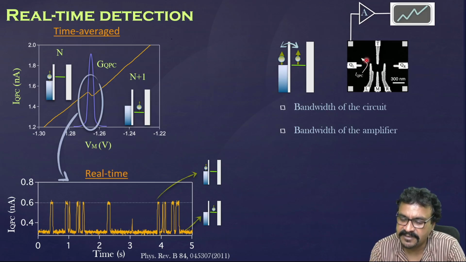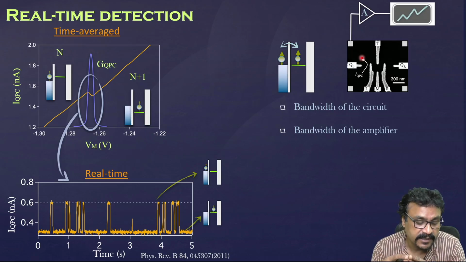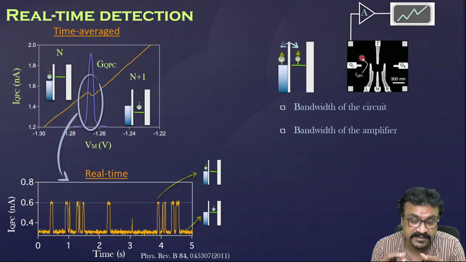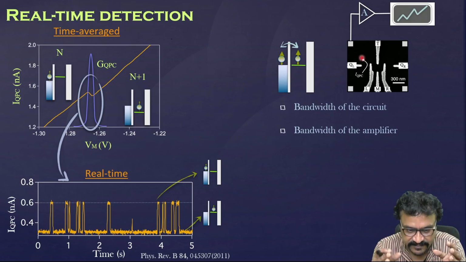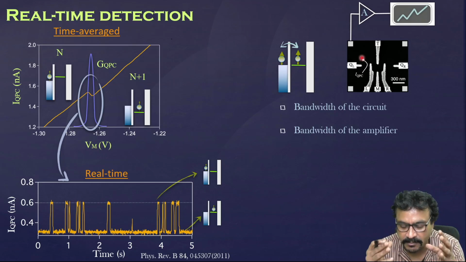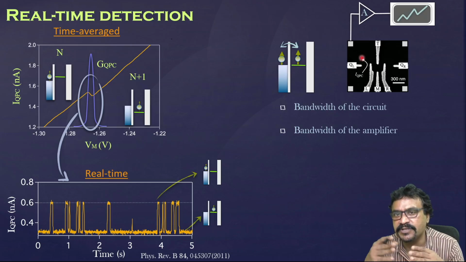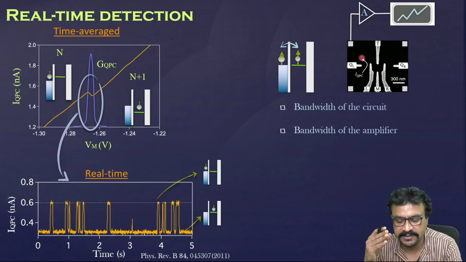The amplifiers are the same, everything is the same, but what I am trying to say here is we can see the behavior of electron tunneling events in real time, which is very essential, because remember, one of the DiVincenzo criteria says you need to measure the state of the system in single shot, in real time.